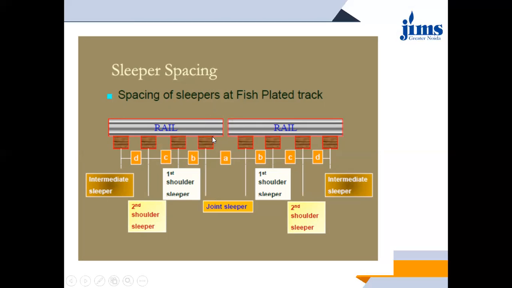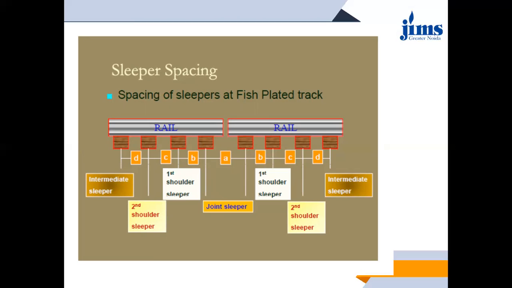It is provided at a certain distance from the joint, from the start and end of the rail. The first sleeper measured from the end or start of the rail is known as the joint sleeper. Then the next sleeper is known as the first shoulder sleeper, then the second shoulder sleeper, and after that the sleepers are known as intermediate sleepers.